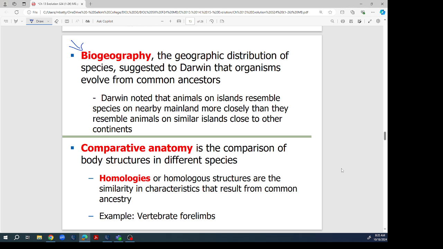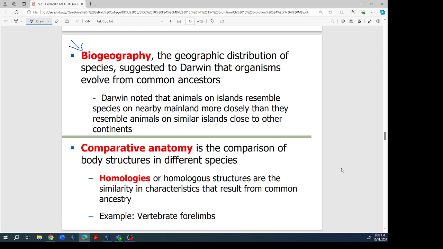And so, the idea here is that if you take a look at the Galapagos Islands and the finches on the Galapagos Islands, there's a strong correlation between those, and you can kind of map their connections based on how close they are together. And so he's looking at the traits and forming these ideas.